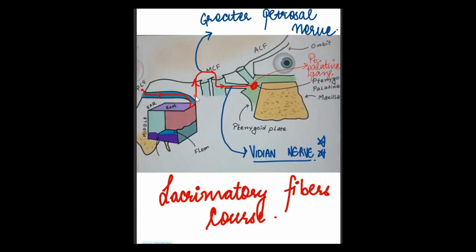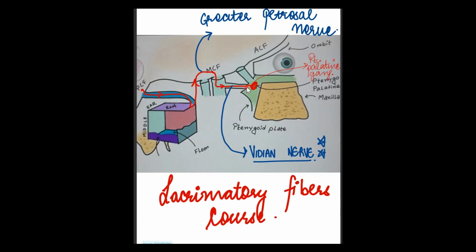Okay. So now talking about the course of lacrimatory fibers. First, we'll talk about lacrimatory, then about the salivatory. From the internal auditory canal, the lacrimatory fibers get deviated and do not enter the middle ear. They go into the middle cranial fossa. The nerve which goes into the middle cranial fossa is called the greater petrosal nerve.